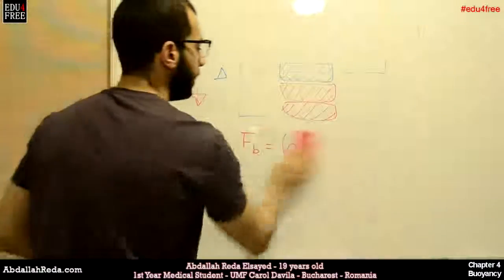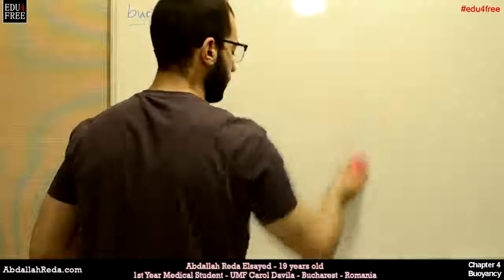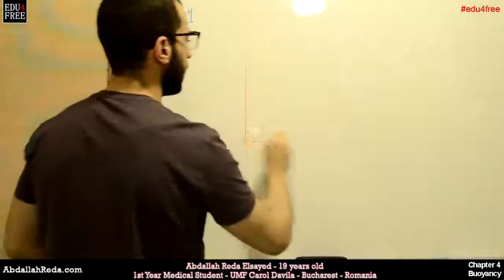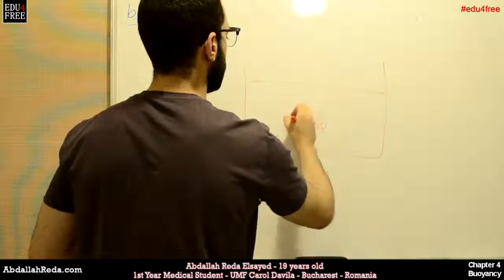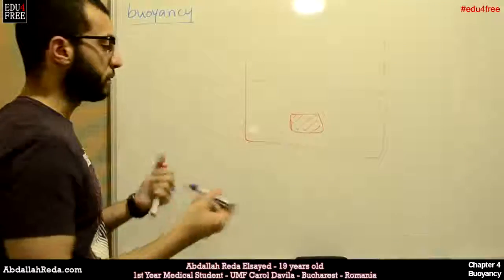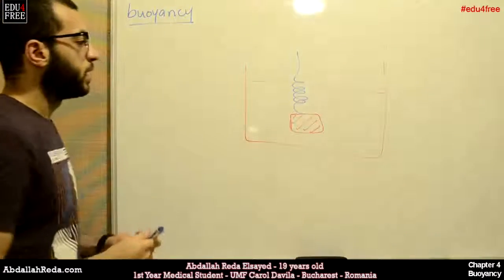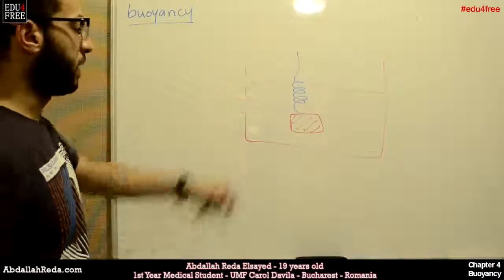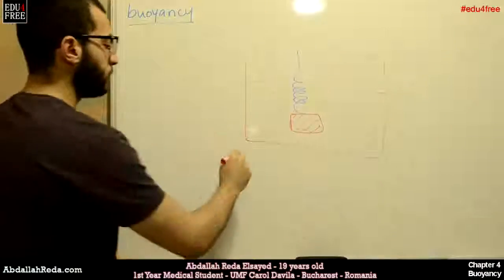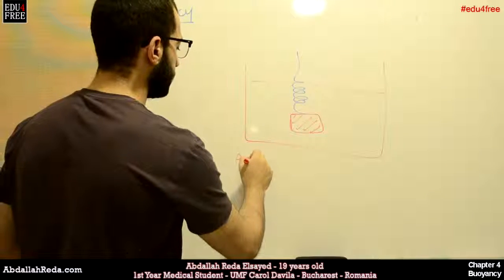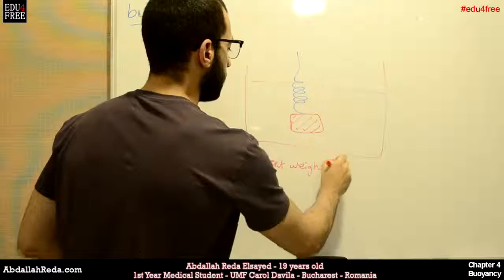A final thing is that if we have an object which is suspended with a string in a liquid, regardless of its weight or density, or a spring like that, is suspended in the liquid, so it's prevented from sinking or floating, we can calculate something called the apparent weight of the object.